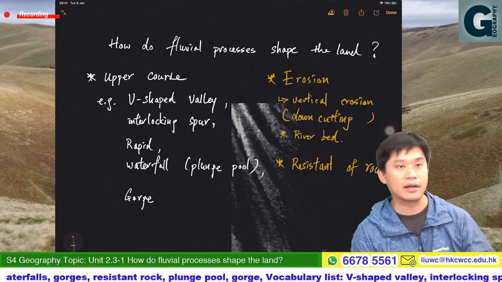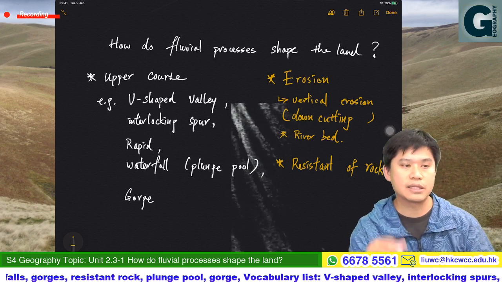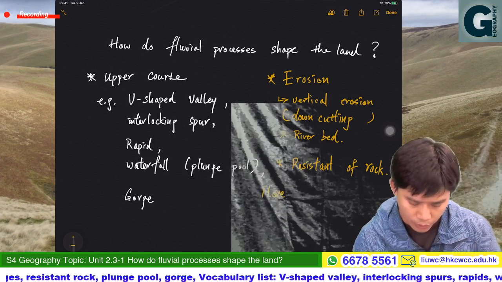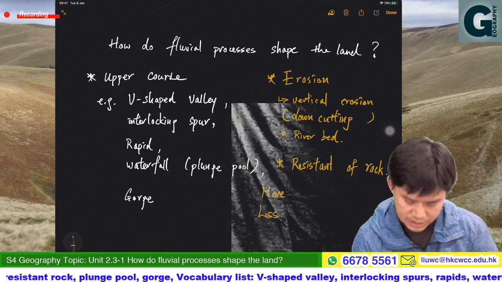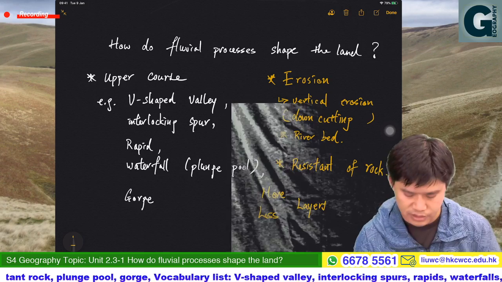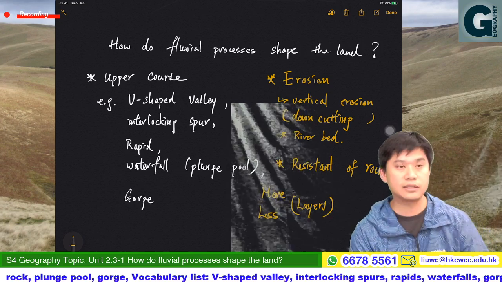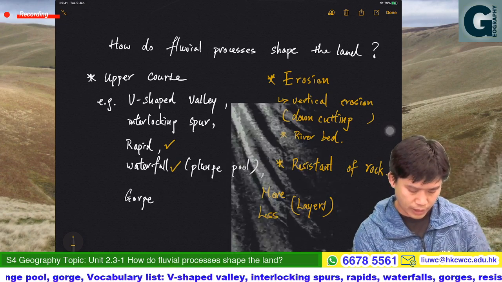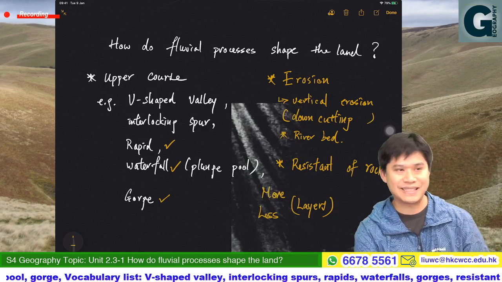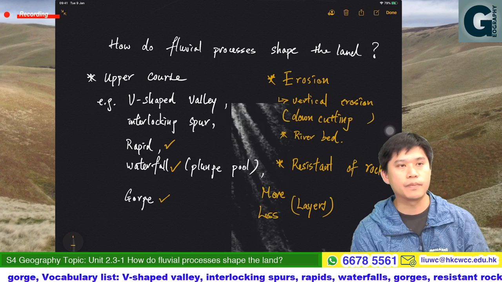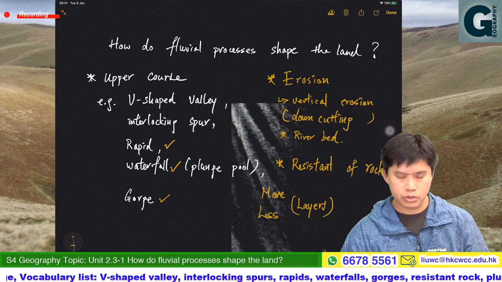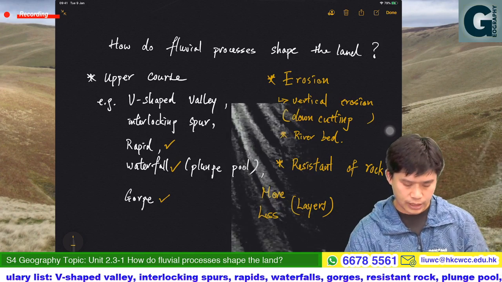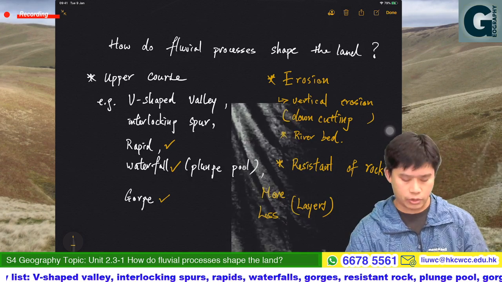If the rock layers in that place have different resistance, such as more resistant or less resistant, you can see different layers. If there are different layers in that place, rapids, waterfalls and gorges would be easily seen. So that is the summary for unit 2.3, the first part about the formation of landforms under the fluvial process in the upper course.